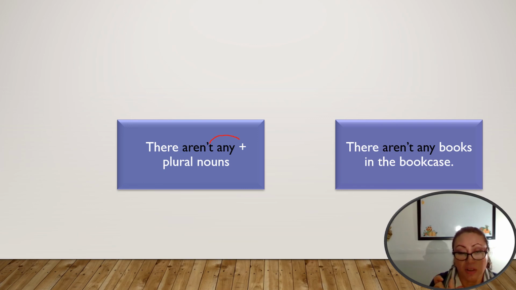So we say aren't. Now, because I have this kind of contraction, I need to put the any. There are any. And then right after the any, I'm going to put the plural noun here. These details are crucial to become a better speaker, to become more fluent in the second language that I'm learning. So I said there aren't any books in the bookcase.